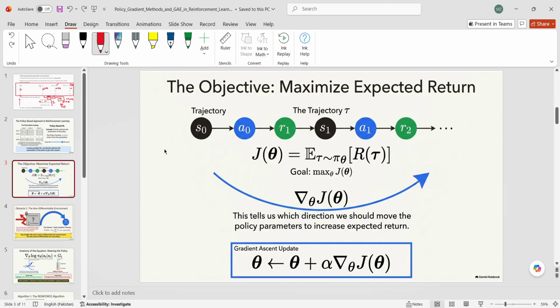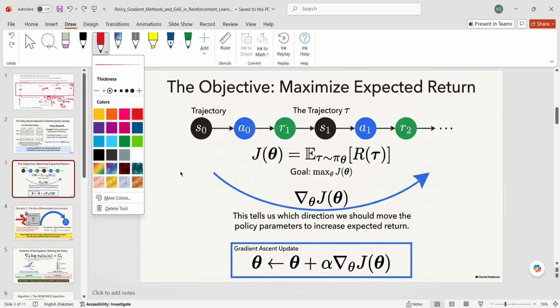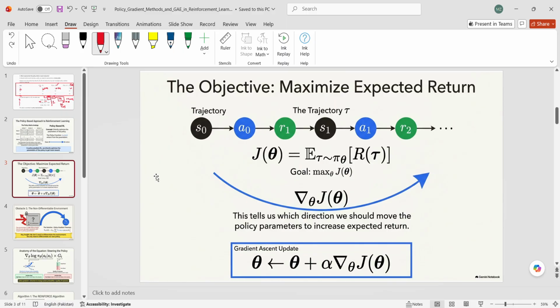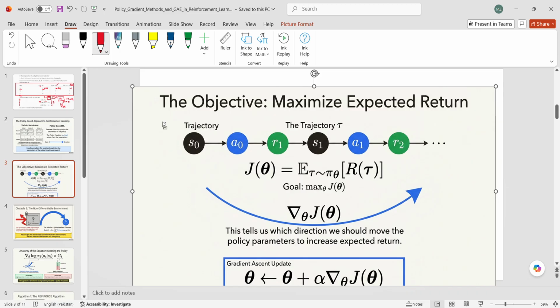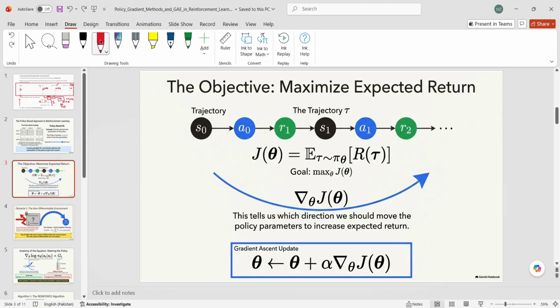So we know that in a neural network we have inputs and we have outputs, and in a neural network we try to maximize a given function.